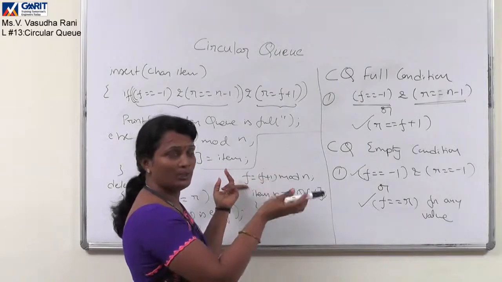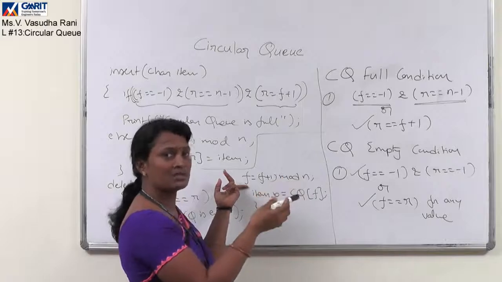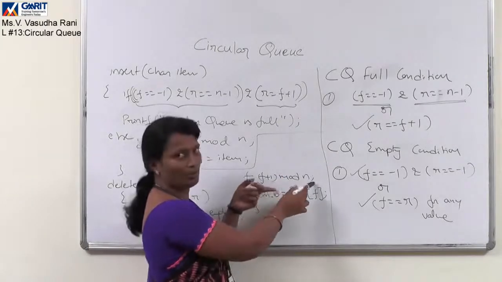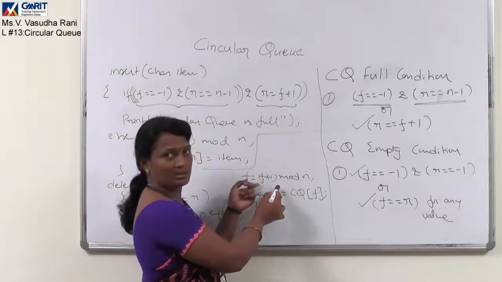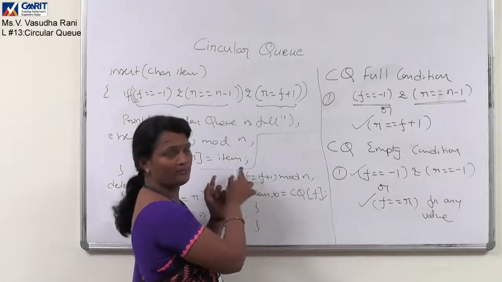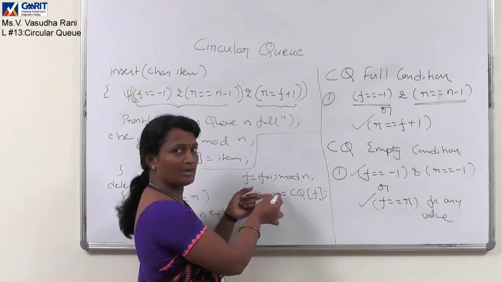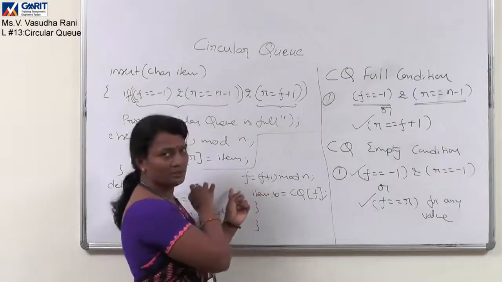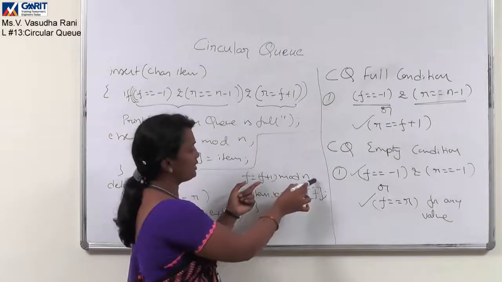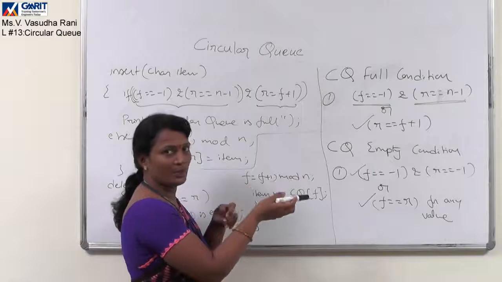So you have to increment f value so that it refers to the next location which is having some value there. So first of all we do f equal to (f plus 1) mod n, so that its value is increasing. This formula makes a difference only when f reaches the final last index value; for the regular values of f it remains the same. Then this particular formula gets used to change that final value to 0 again.